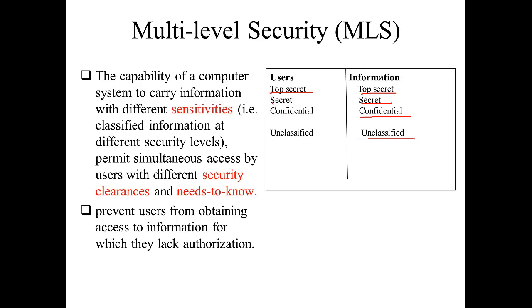But a person with secret clearance can only access secret, confidential, and unclassified information. A user with confidential level can access confidential information and unclassified information. But if the person just has the unclassified clearance level, he can only access unclassified information. Okay?